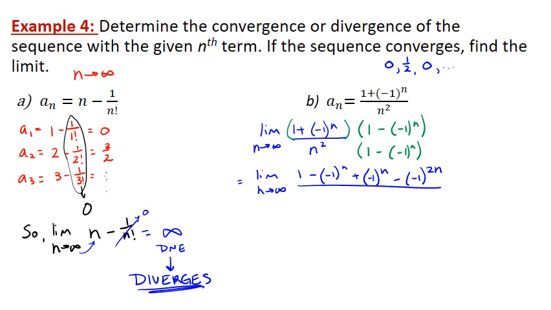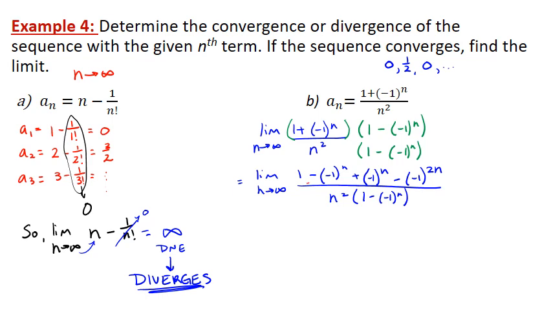Then in the bottom, when we distribute this n squared, actually I take it back. You can either distribute it or not. It's actually easier to not, and I'll show you why in a second. So leave it as is.